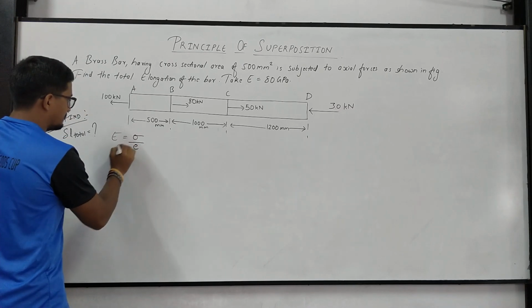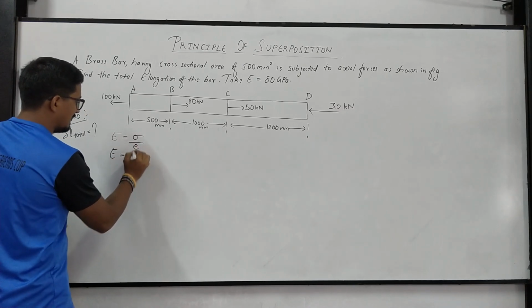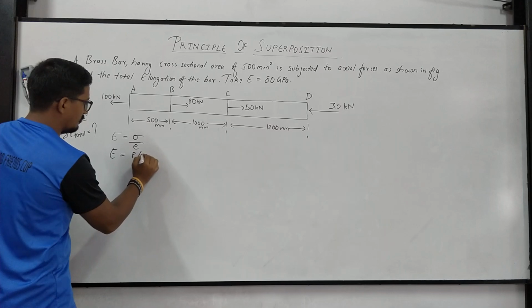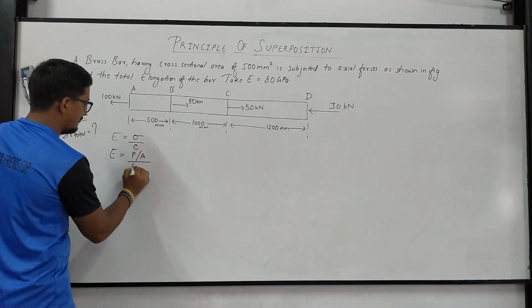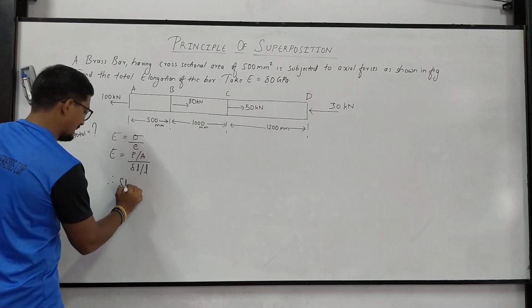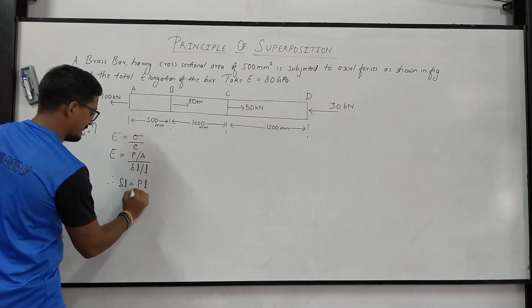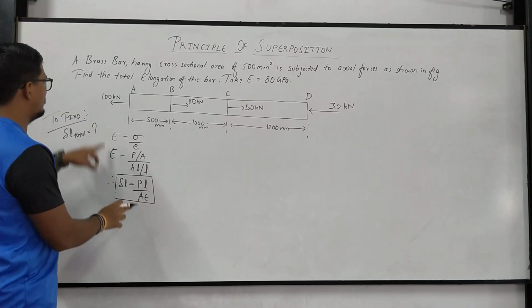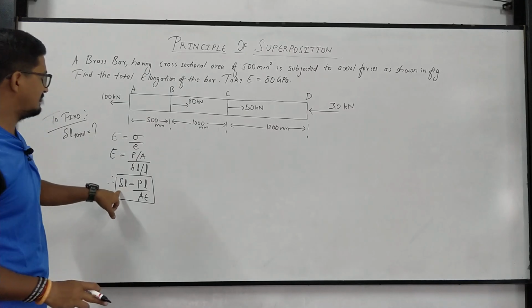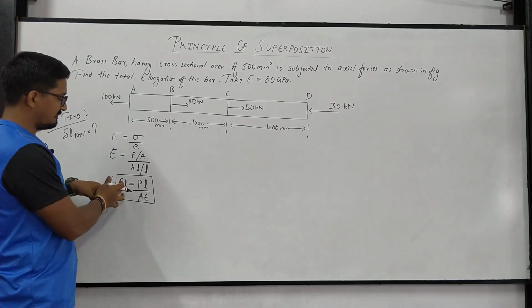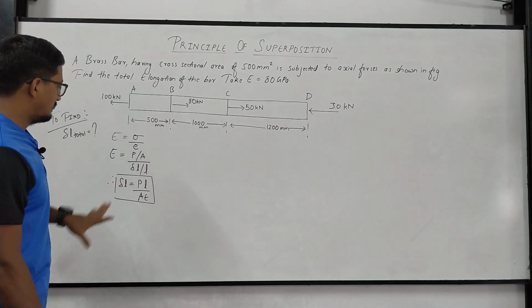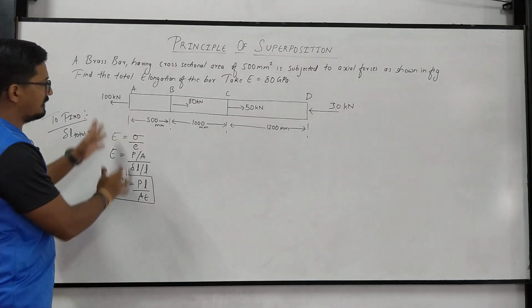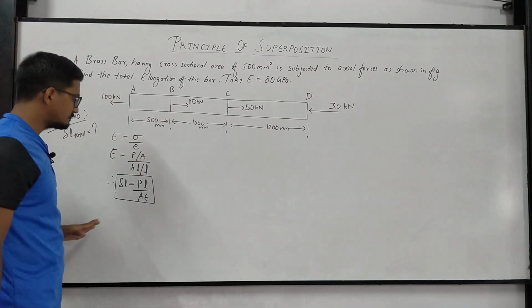Therefore sigma, stress, can be written as load by area, and epsilon can be written as delta L by L. Therefore delta L is equal to PL upon AE. So this is the basic formula which we have for finding the elongation of the bar, or we can say the change in dimension of the bar. By using this formula we can solve this, correct?